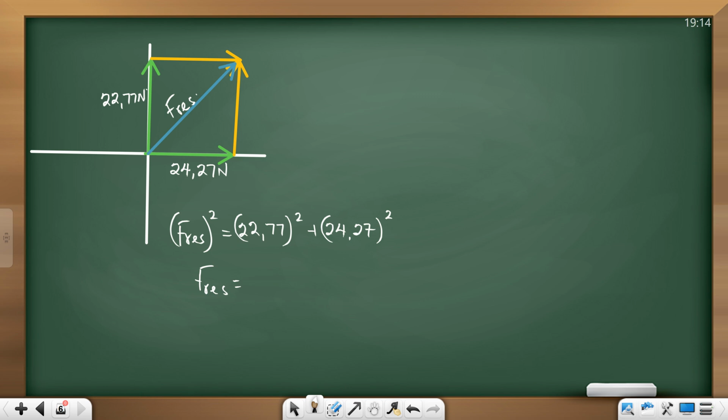So is it wrong if you say R squared and the root of 22,7 squared plus 24,27 squared? Yeah, you need to find the square root of your final answer. Okay, sir. Guys, can I get an answer? 33,28.